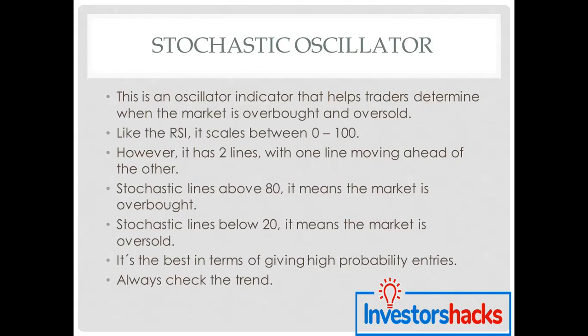When the stochastic lines are above 80, that is from 80 to 100, it means the market is overbought. Stochastic lines below 20, that is between 20 and 0, it means the market is oversold.